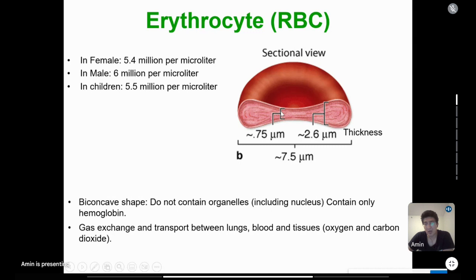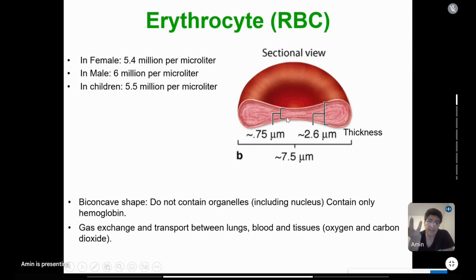In the middle part, about 0.75 micrometers. The diameter of the erythrocyte is about 7.5 micrometers.